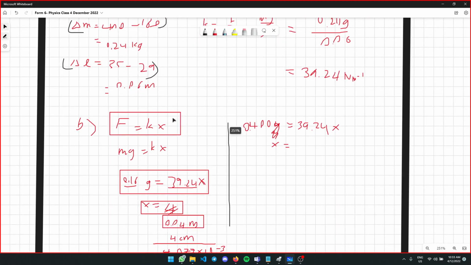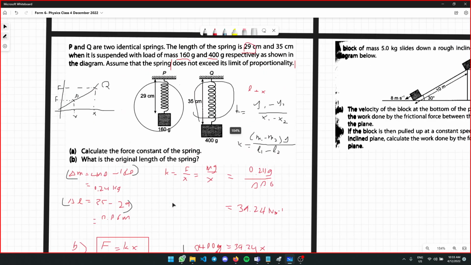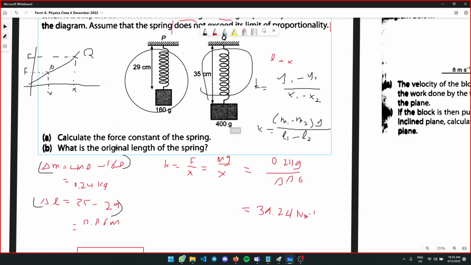Let me explain the question again. For the first question, we want to find the force constant. You can find the force constant by using the gradient formula y1 minus y2 over x1 minus x2. I did it separately to get 0.24 and 0.06, and then I just put it back in the formula.